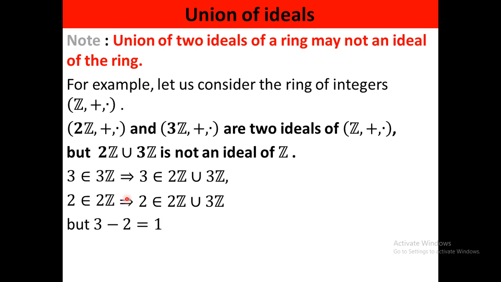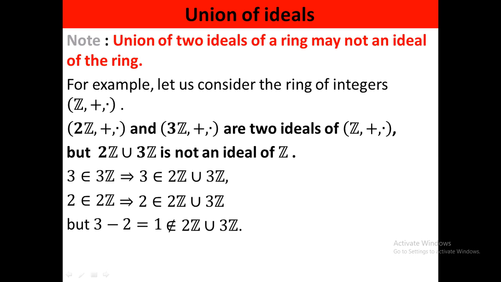This is neither a multiple of 3 nor a multiple of 2. That's why 1 does not belong to 3Z as well as does not belong to 2Z. Hence 1 does not belong to 2Z union 3Z. Okay. So 2Z union 3Z is not an ideal. This is the example that the union of two ideals is not always an ideal of that ring.